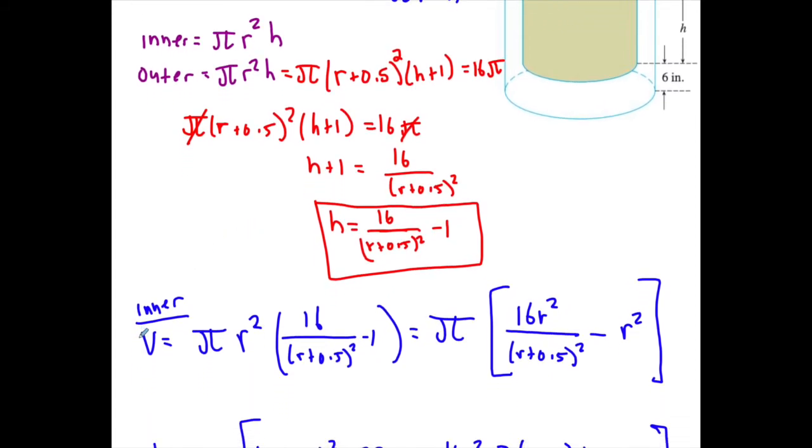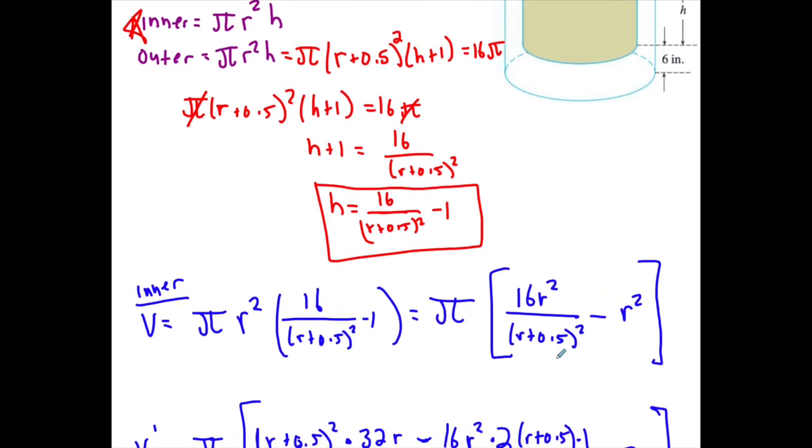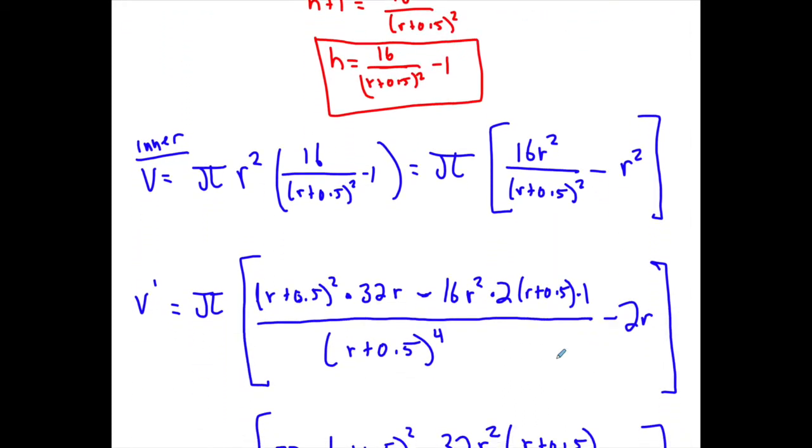I then substitute back, and remember, I'm choosing the inner because that's what I'm optimizing. So I go back to the inner, I plug in my relationship for the height, so that there's only one letter. I get my volume formula with just one variable, which is the goal because right now we can only differentiate and optimize in one variable.